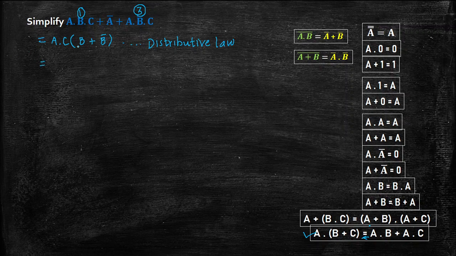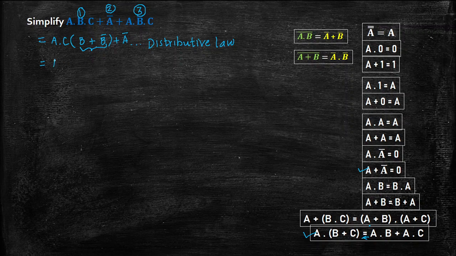Now one more term was left: A complement, which we have not written down. The second term will remain as it is. So now, B plus B complement is in this form, right? Where is B plus B complement? Yes, this is the complement law: A plus A complement is equal to 1. In the same way, B plus B complement will be replaced by 1.